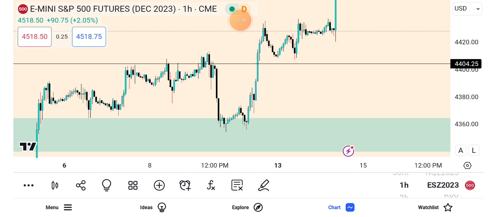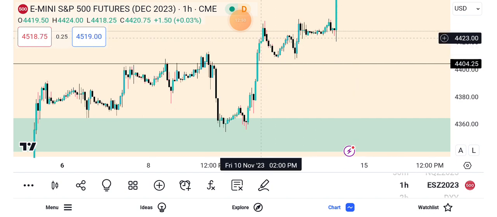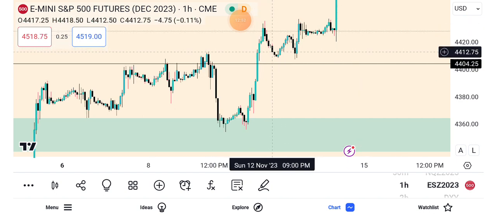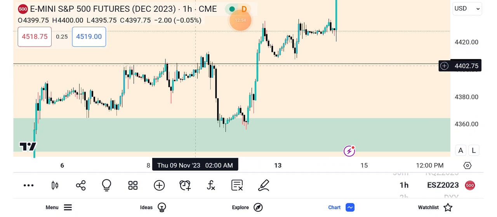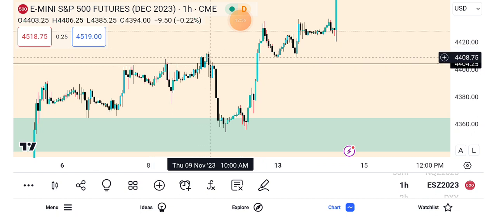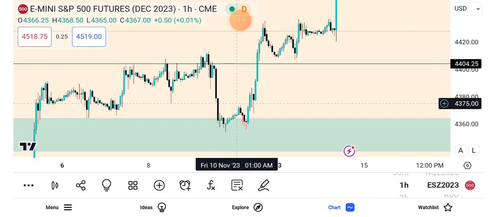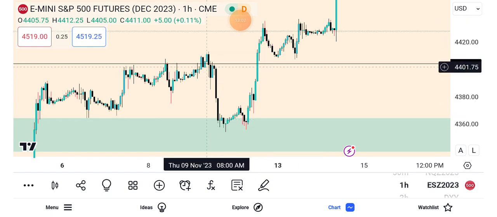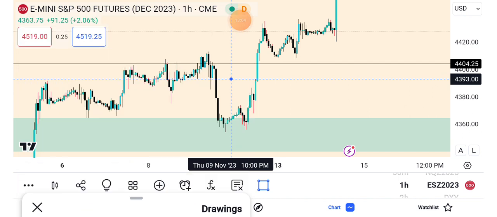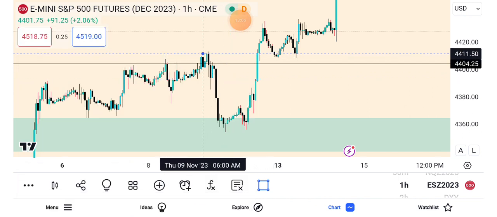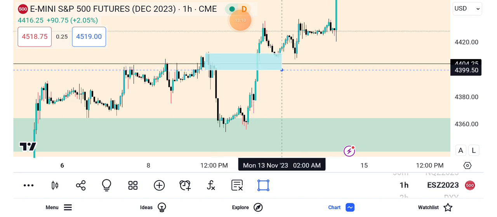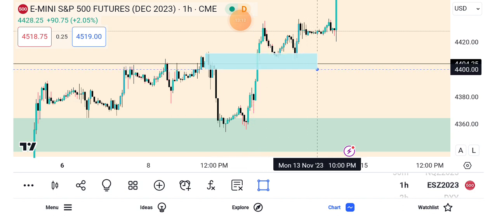So here price retraced lower and tapped into this down close candle, the last up close candle, because of the high, low, higher, high. These are breakers, the last consecutive down close candles.